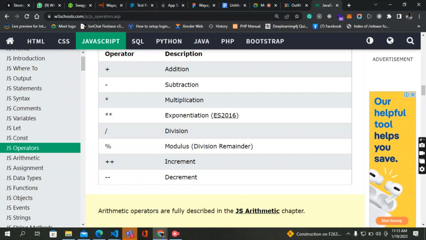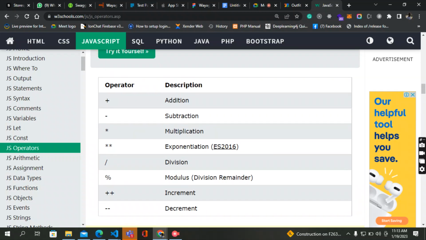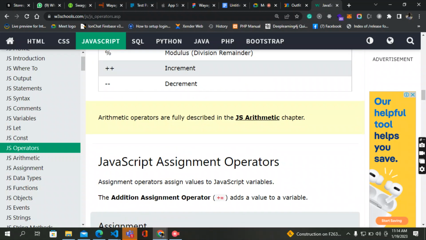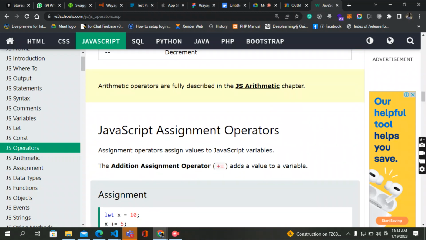Let me just explain the ones that you don't know, so that we will move faster. This double asterisk is exponential, that is, raised to power. So if you want to say 2 raised to power 2, you say 2 double asterisk 2, and that's how you'll be able to do your exponential value.